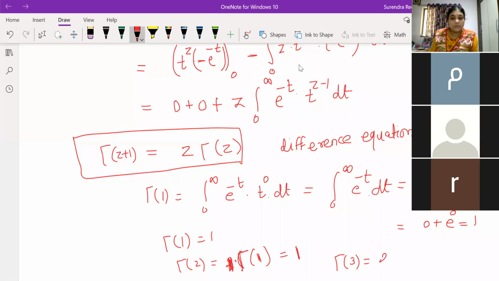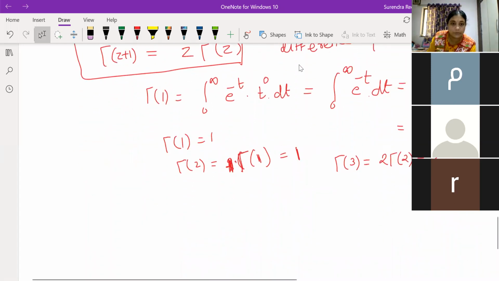Look, it is gamma z plus 1, here it is z plus 1. So if I substitute z as 2, I will get 3 here. So gamma 3 is 2 times gamma 2, which is 2, and so on.